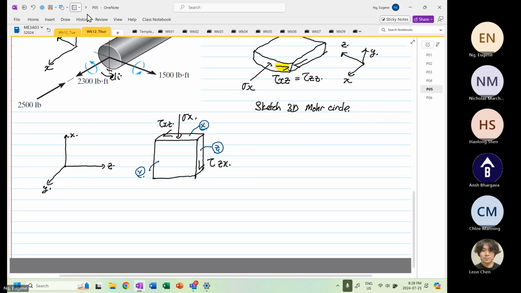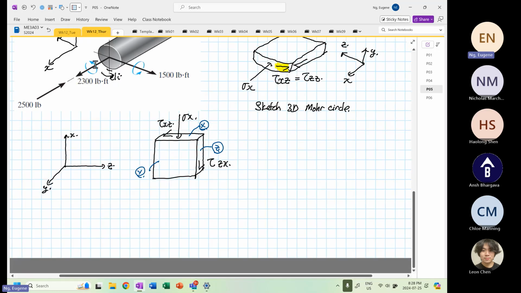From here, what we know is normal stress in Z is equal to normal stress in Y, and these are equal to 0. Shear XZ is equal to shear ZX, and this is negative shear.